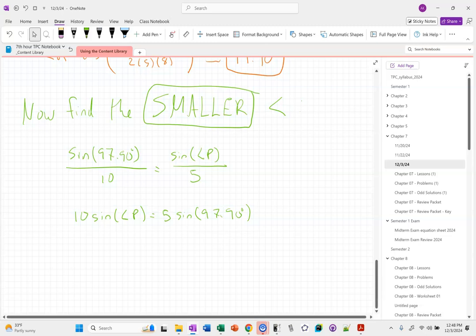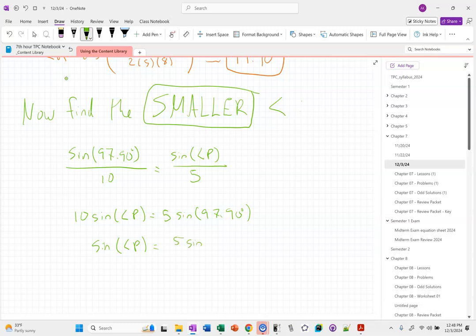And we divide by 10. I need to stop writing example problems that have 5 times sine in it because it looks like SS when I write it. And we'll do sine inverse.